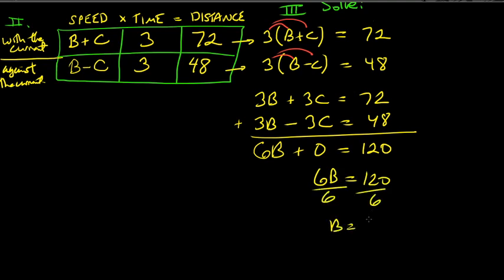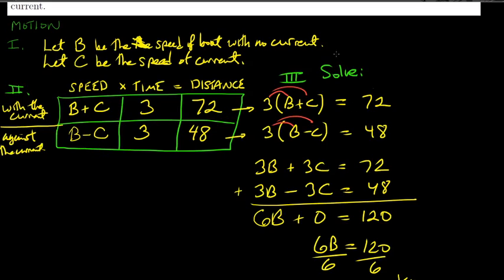So b looks like 20. We'll get the units later, but it's kilometers per hour. So that's the speed of the boat with no current. Yep, so that's 20 kilometers per hour. You can abbreviate it that way too.